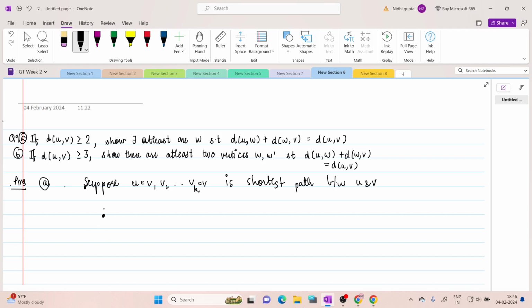So you have u here, you have v here, and we have some path here, vk minus 1. Now what we have to show is that there exists at least one w such that d(u,w) plus d(w,v) is equal to d(u,v).